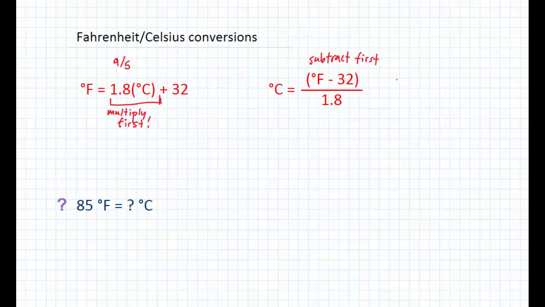So sometimes it's listed with those fractions, but because it's 9/5 or 5/9, that part of the equation came from the fact that there are 180 Fahrenheit degrees per 100 Celsius degrees. Okay? That's sort of a ratio of 1.8. So that 1.8 is exact, sort of by definition. Okay? The 32 is exact by definition.